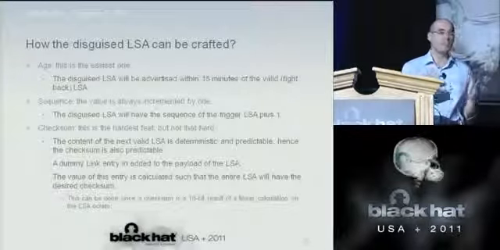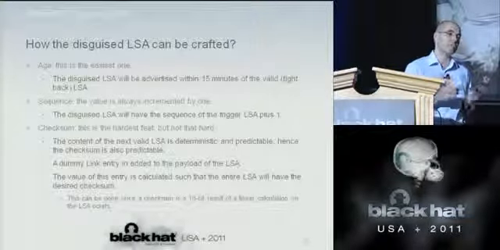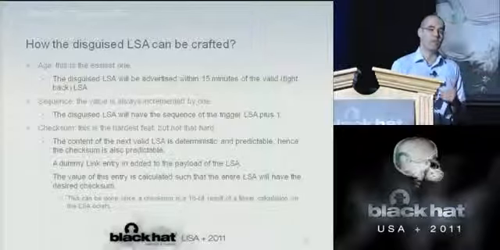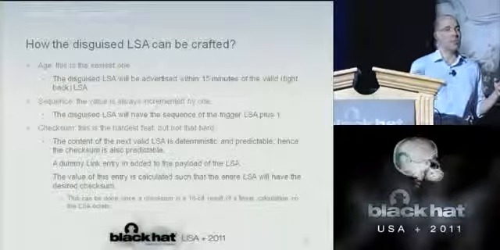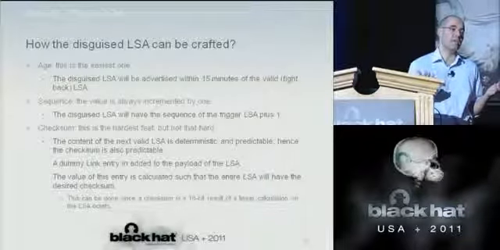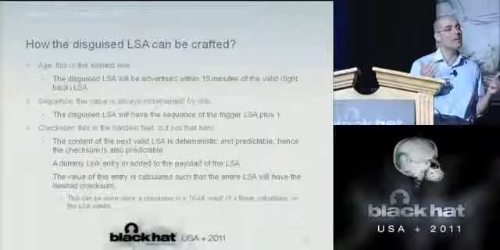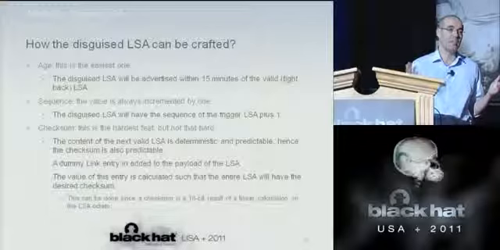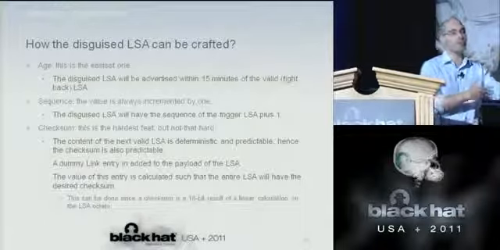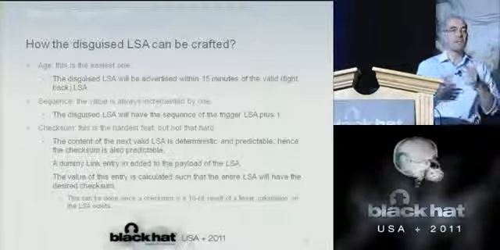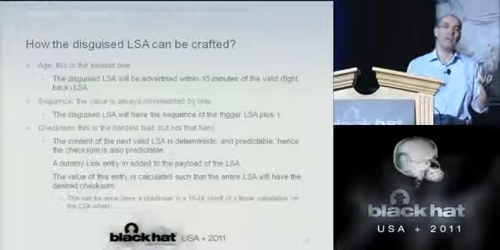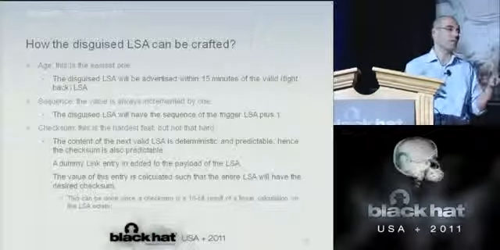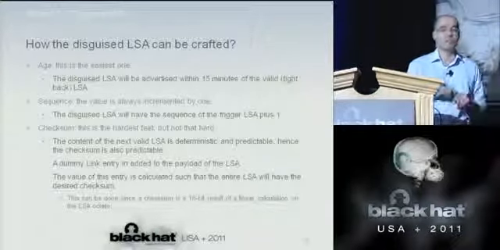Now, this can be done very easily, since remember, the checksum is only a 16-bit result of a linear calculation, and the link entry has some 64 bits of free bits that we can freely set. They can be anything. So we can actually calculate backward from the target checksum what the desirable content of this dummy link entry is.